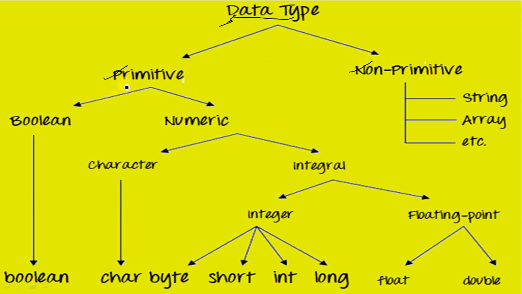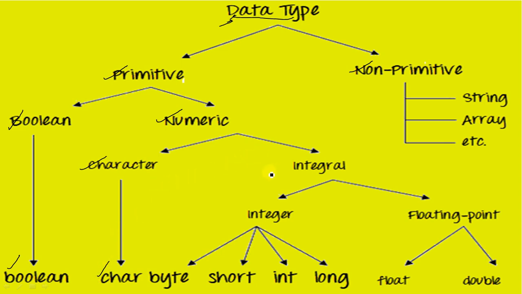Primitive is again classified into boolean type and numeric. In boolean, there is only a single data type, which is boolean, but numeric is also classified in two ways. Number one, character. Under character, the data type is char.